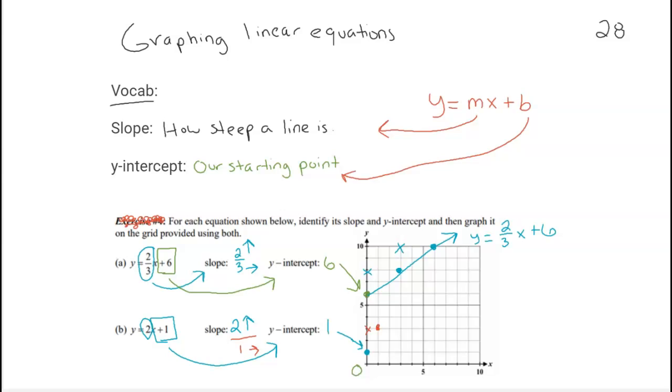And actually what I'm going to do is I'm going to take a moment now, I'm going to erase this line right here because it's going to be in our way.